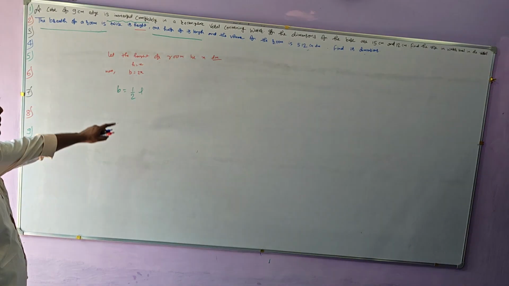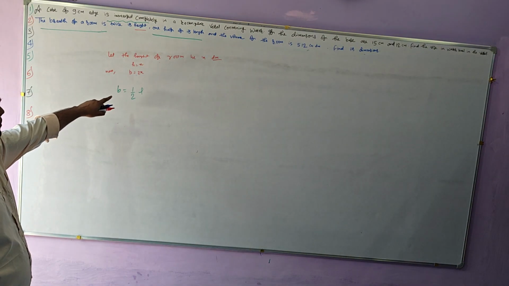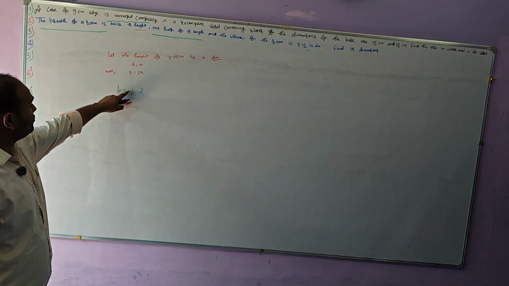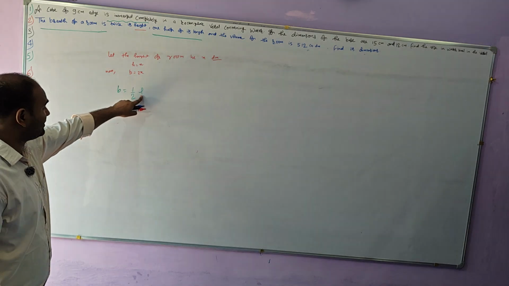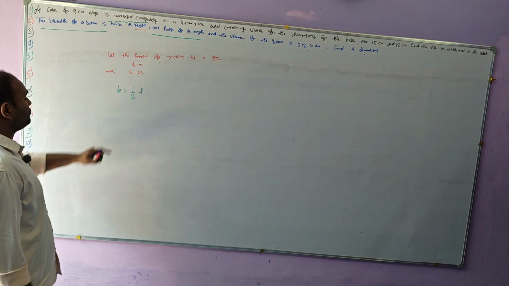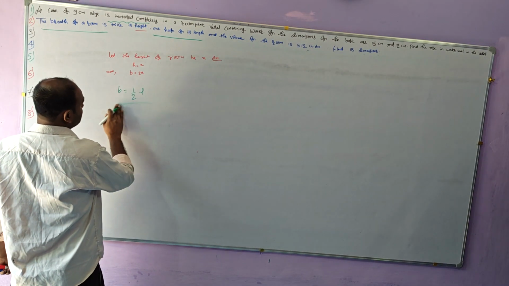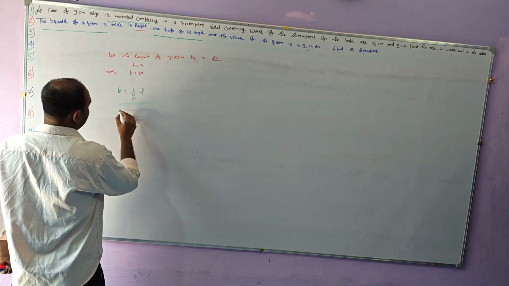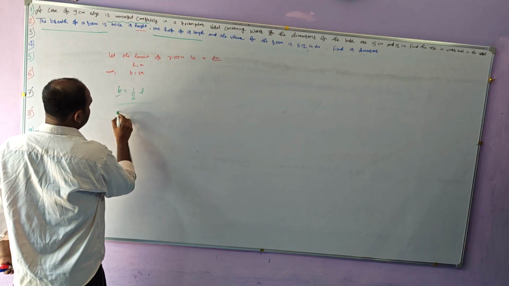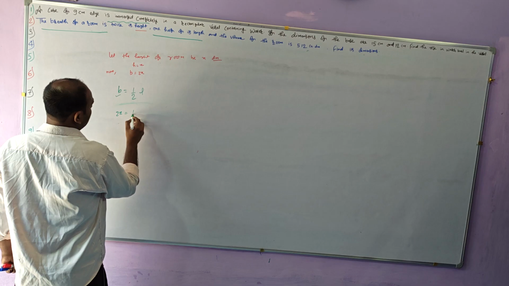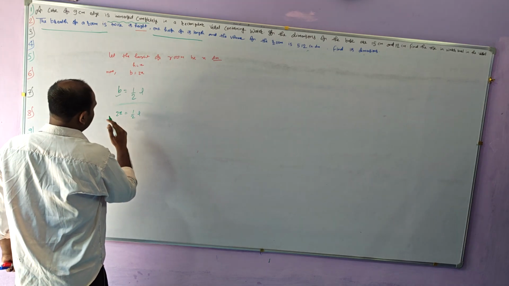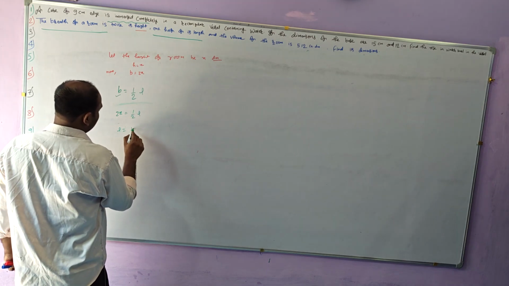So we know b is equal to 2x, and that is half of L. That becomes L is equal to 4x.